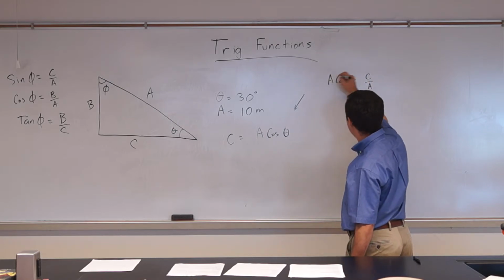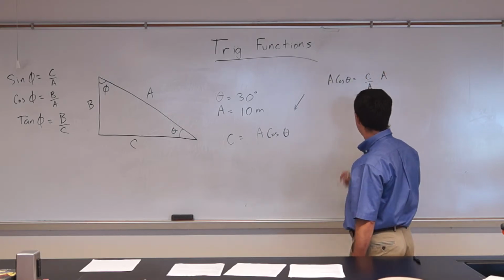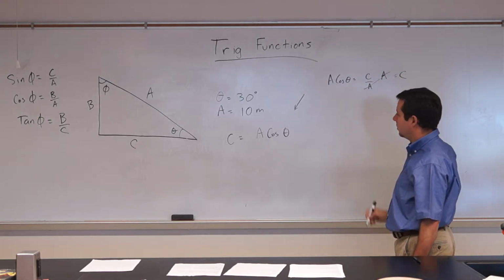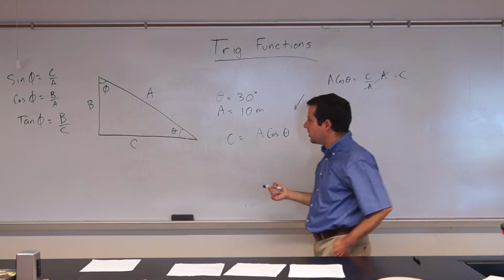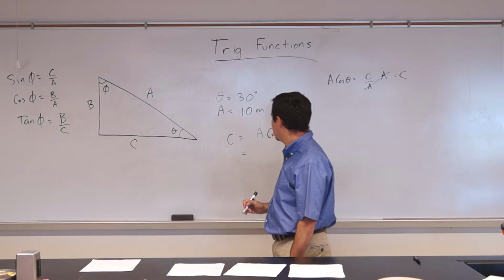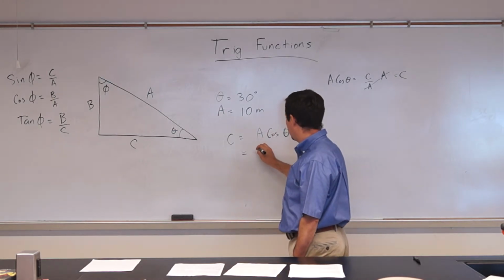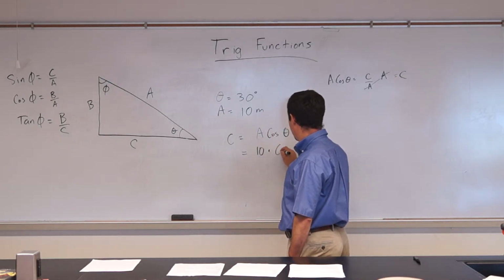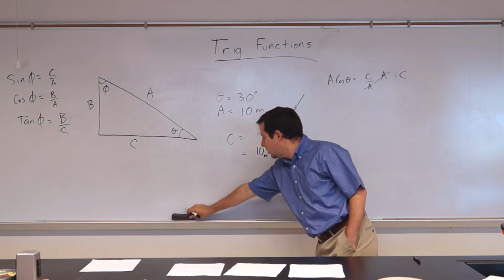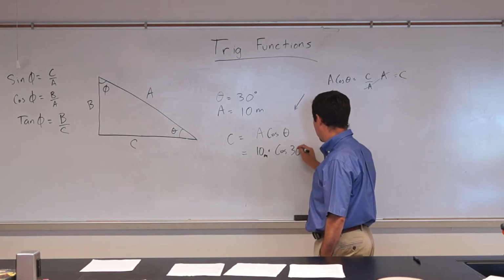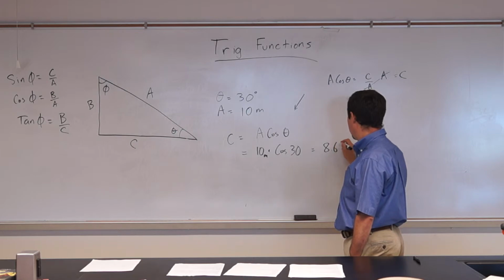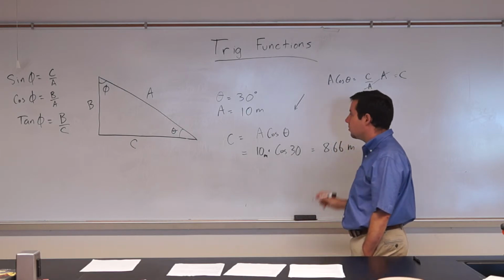And if you multiply both sides by a, you get c divided by a times a, which is just equal to c. So if you want to find the length of side c, it's just a cosine theta. So it ends up being 10 meters times cosine of 30 degrees, and that gets you an answer of about 8.66 meters.